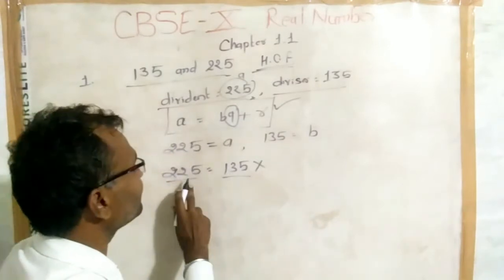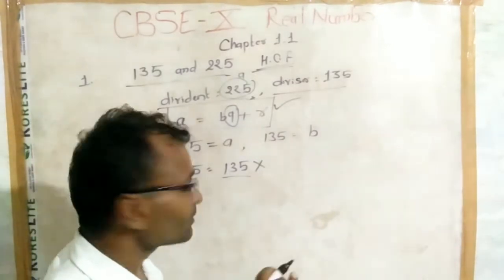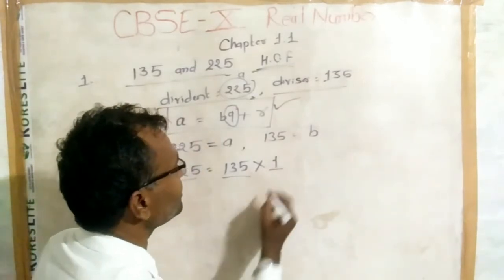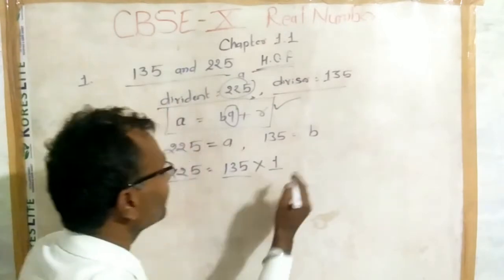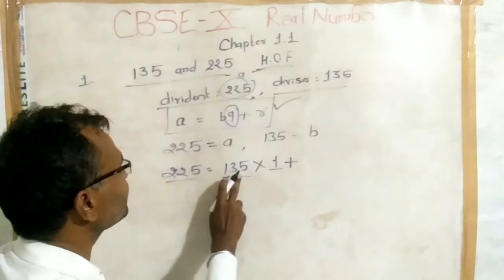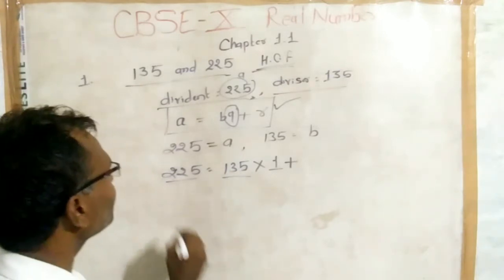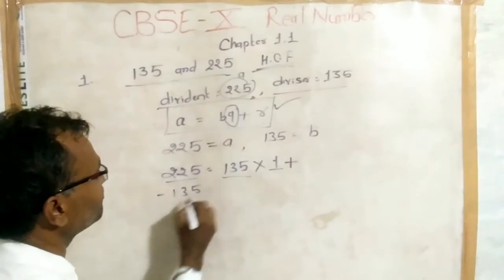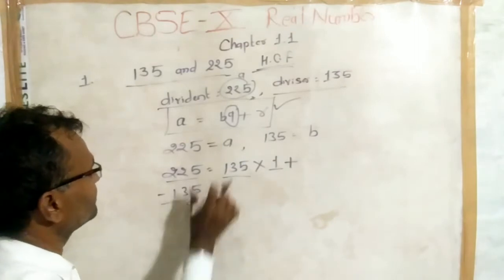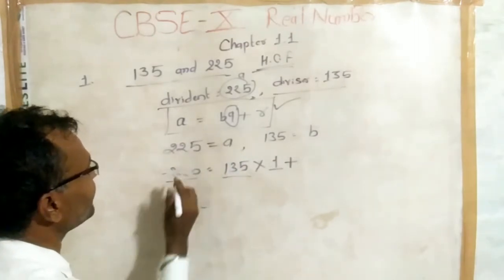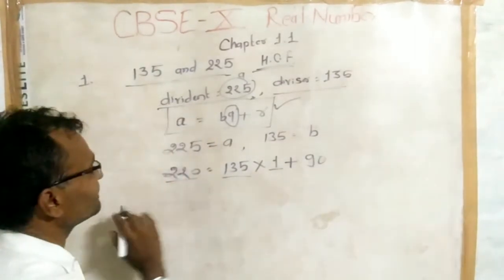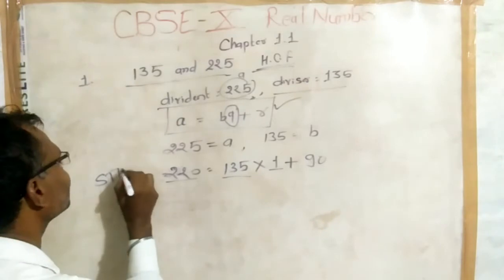We can divide 225 once by 135, so our quotient will be 1, and the remainder is 225 minus 135, which is 90. We have 90 as a remainder. So this is step number first.